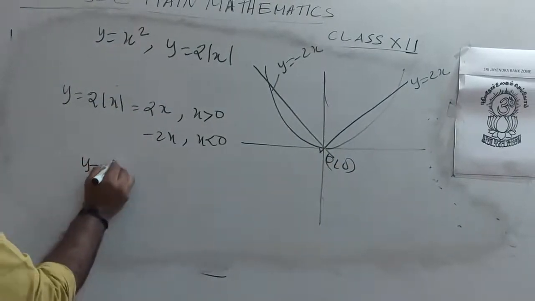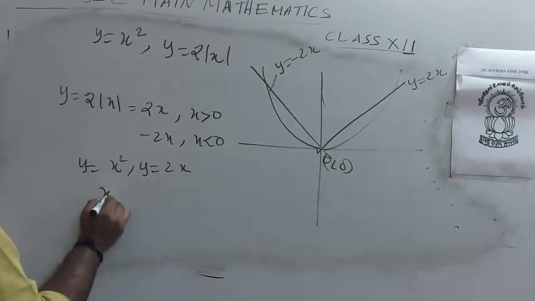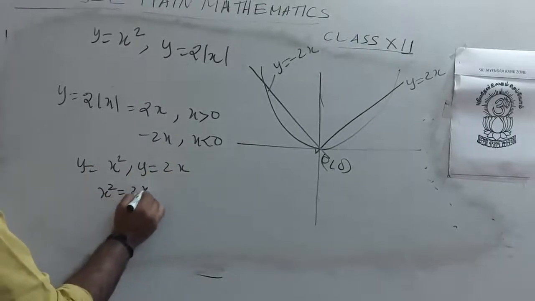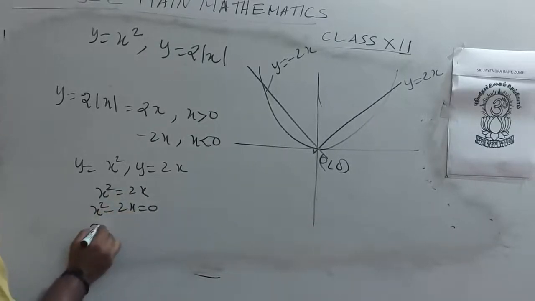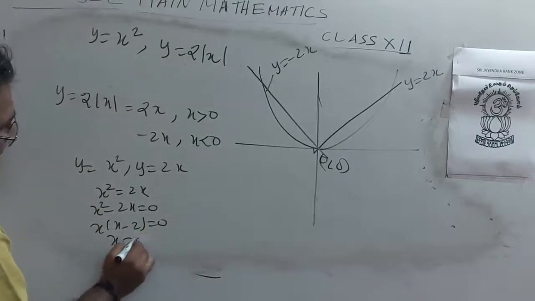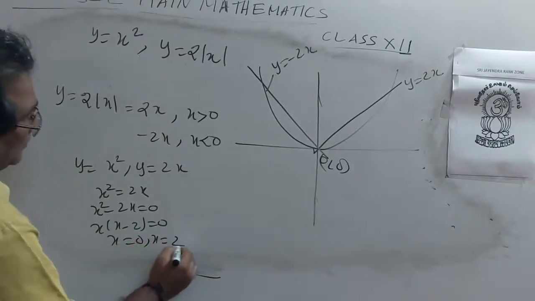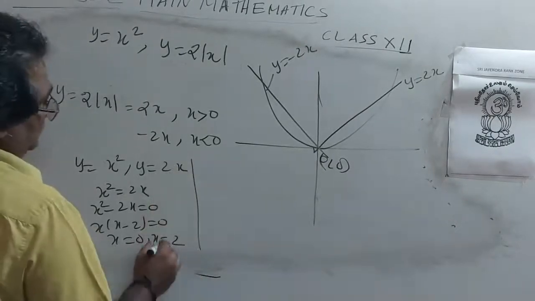Y equal to x squared, y equal to 2x. x square equal to 2x, x square minus 2x equal 0, so x equal to 0, x equal to 2.